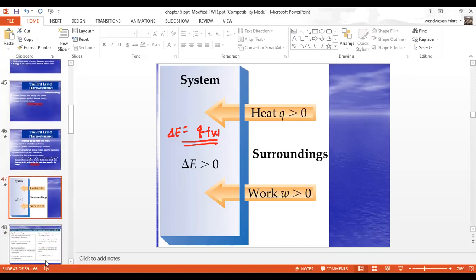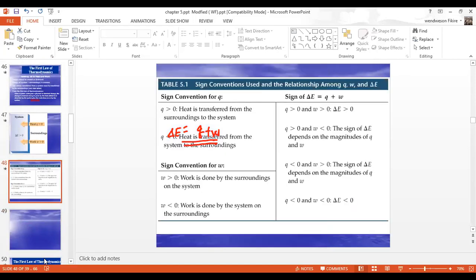Like, for example, this might be slide number 48, which will clearly explain the sign convention for W and Q. When is the value of Q greater than 0? When heat is transferred from the surroundings to the system.